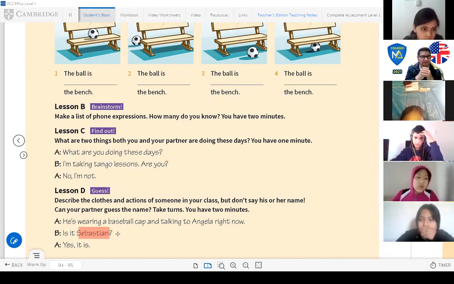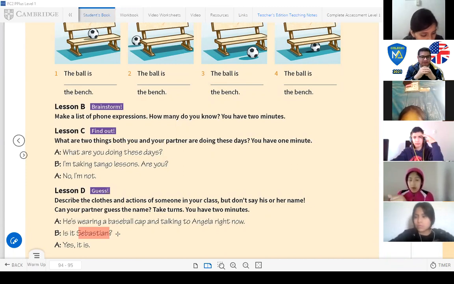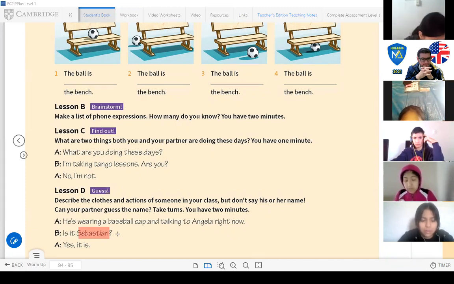Vamos, adivina. And look at your classmates. She's wearing glasses. Who's the person? You don't know? She's wearing glasses?